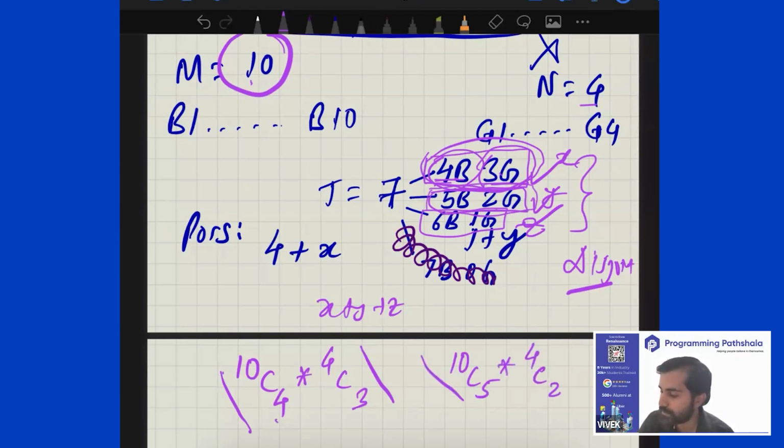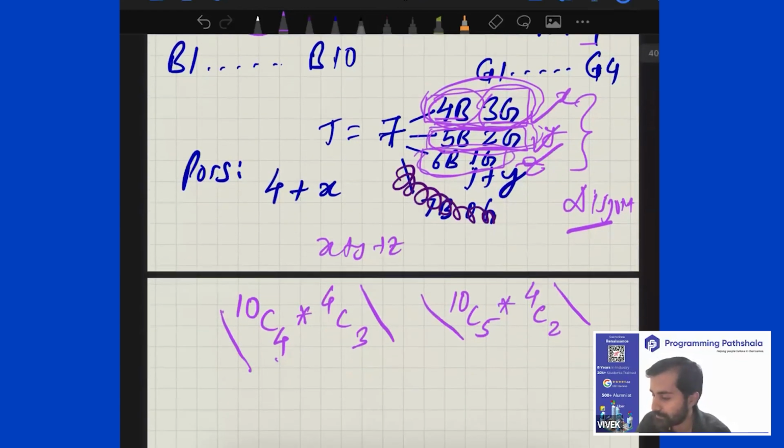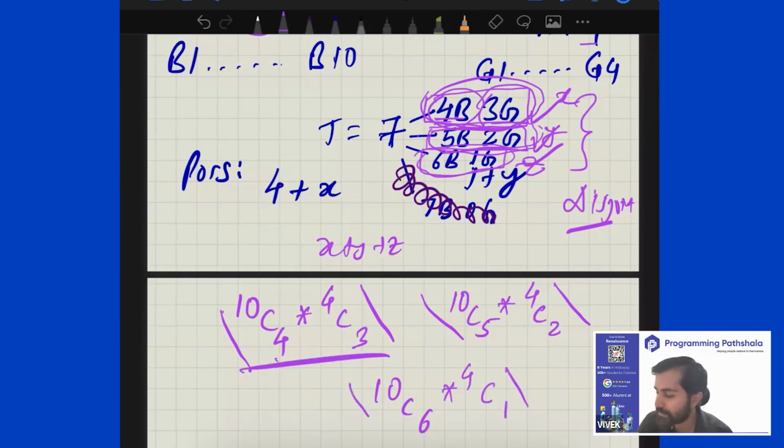So this denotes the number of combinations of the second type, which is 5 boys and 2 girls. Similarly, what will be the value of this? Can you quickly tell me? It will be 10C6, because you want to pick 6 boys out of 10 boys and 1 girl out of 4 girls. The sum of this and that would be your answer.